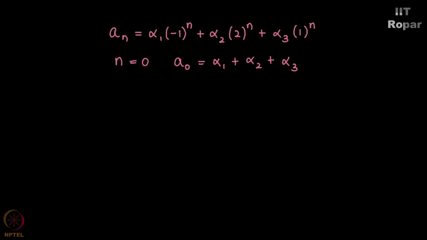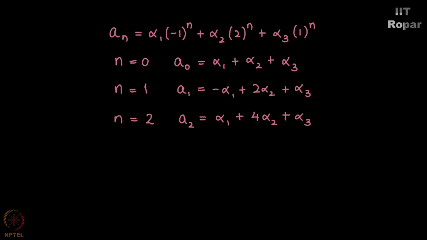And if I substitute n as 1, we get a1 equals minus alpha 1 plus 2 alpha 2 plus alpha 3. And if I substitute n as 2, I get a2 equals alpha 1 plus 4 alpha 2 plus alpha 3. Right? Just substitute 0, 1, 2 in the above equation and you will get these three simultaneous equations.